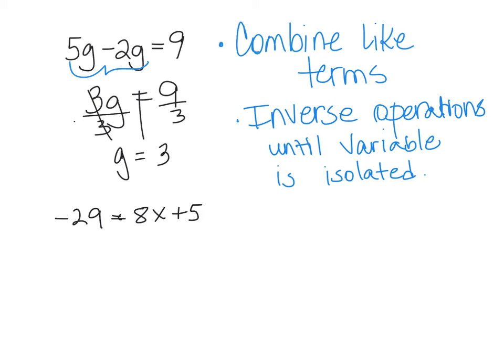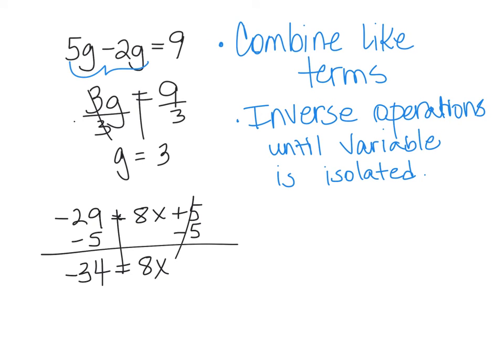So first, I have 8x, and I have a plus 5 added to it. So what should I do first? Yes, we're going to subtract anything that's not attached to my x first. So we end up with 8x is equal to negative 34. And 29, 33, 1, 2, 3, 34. Okay, so 34.